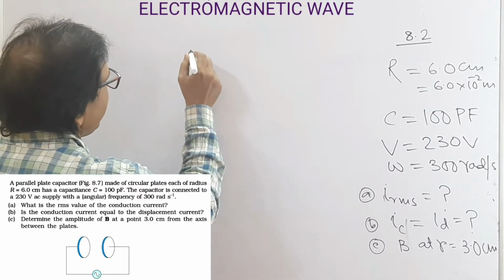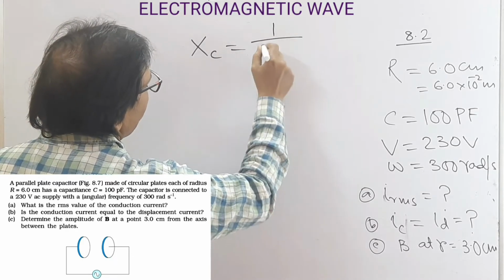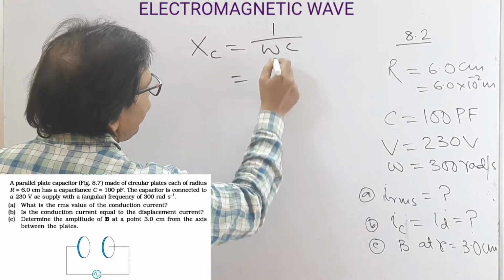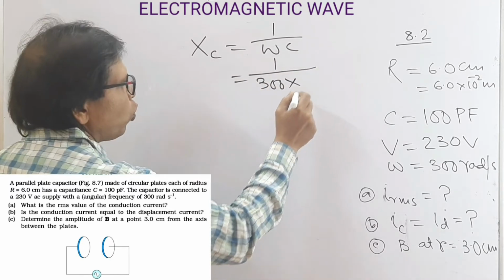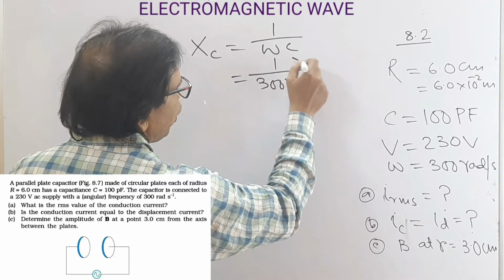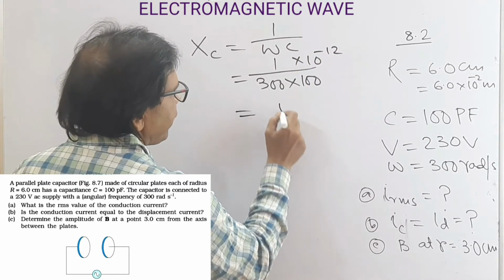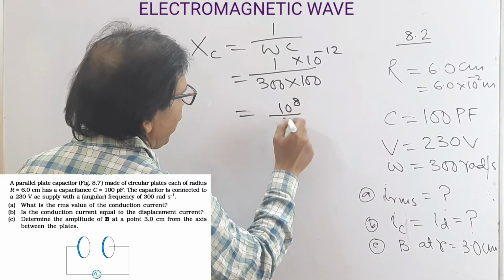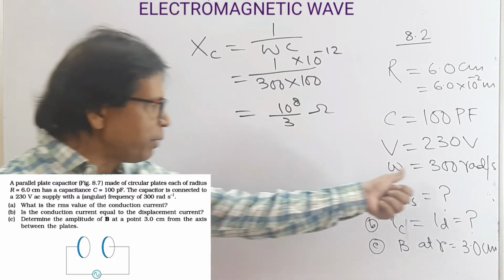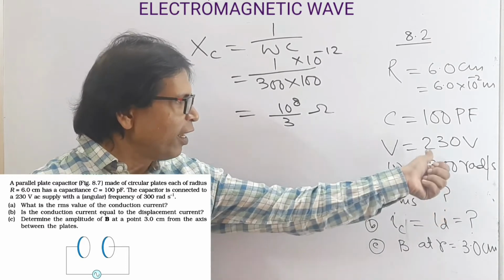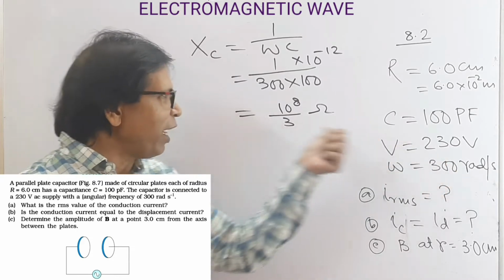So look at this, XC equals 1 by omega C. Omega equals 300 and C equals 100 picofarad, so this is 10 to the power minus 12. So this is 10 to the power 8 by 3 ohm. Therefore the RMS value of current is equal to Vrms by XC.